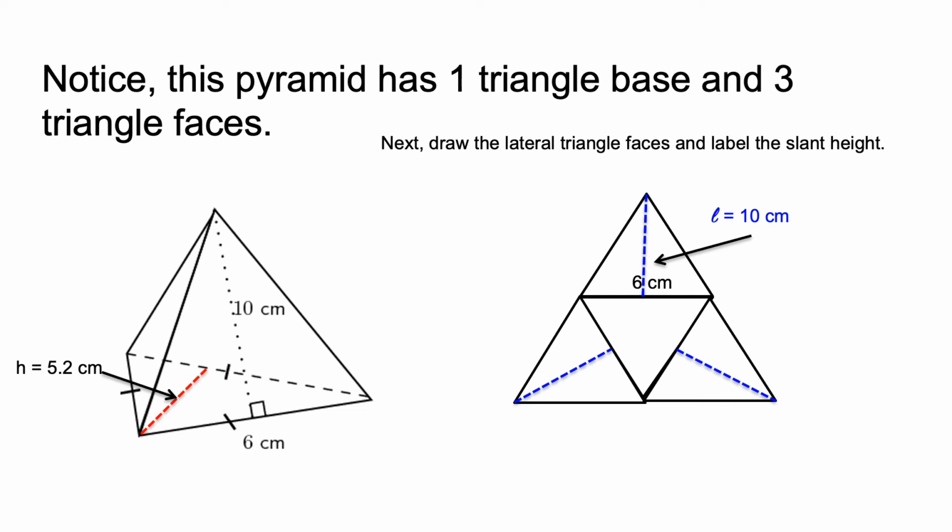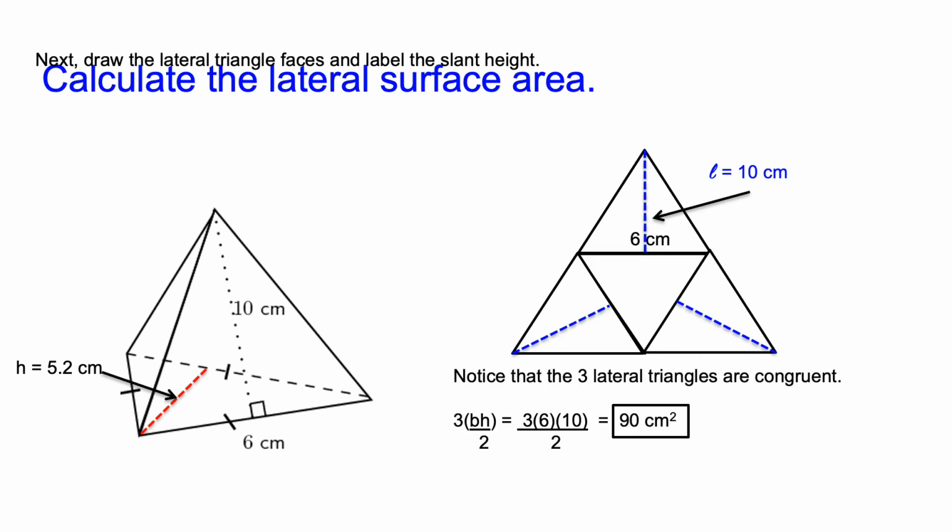Since the base of these triangles is 6, the slant height represents the height of the lateral faces of 10. We can calculate the lateral surface area doing 3 triangles of the same area times the base of 6 times the height of 10, and all of that divided by 2 gives us 90 centimeters squared. 3 times 6 times 10 is 180, divided by 2 equals 90.